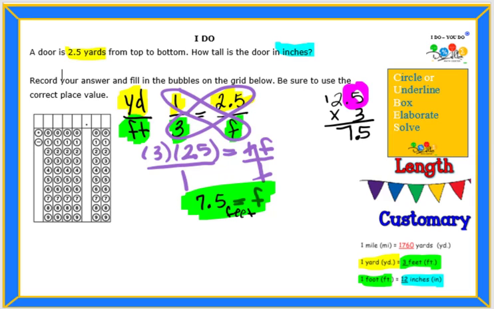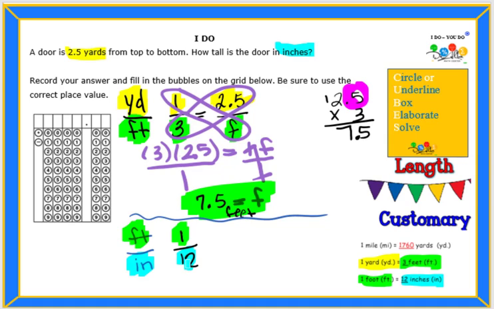I have feet and inches now. On the anchor chart, it gives me the measurement, 1 foot, or the ratio. 1 foot is 12 inches, so let's write that down.